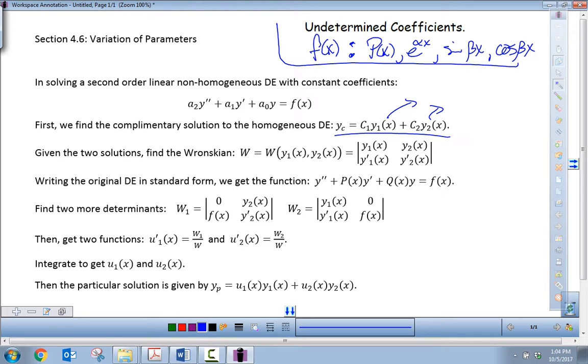Then we're going to construct two more determinants, two more Wronskians. For one of them, we put 0 and f(x) in the first column and leave the second column the same as the original W. For the second one, we put 0 and f(x) in the second column and leave the first one the same.